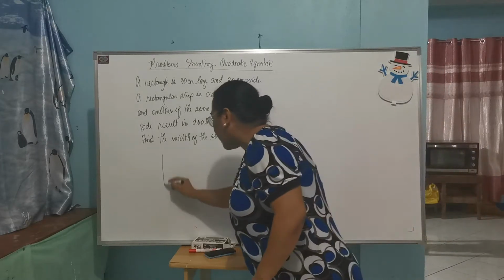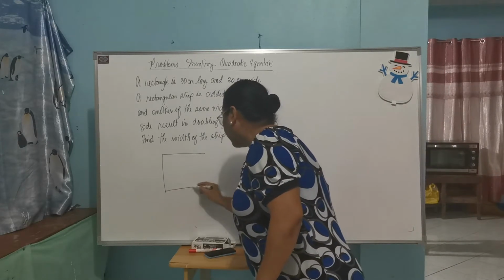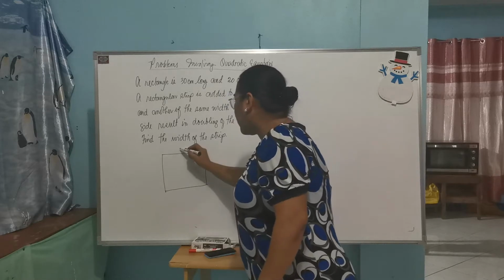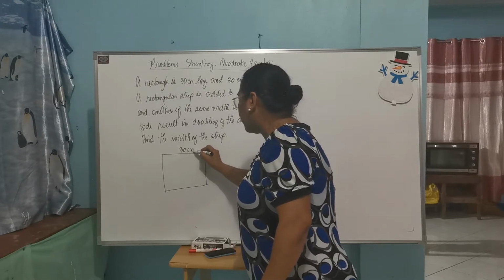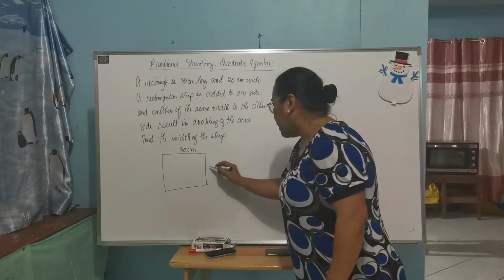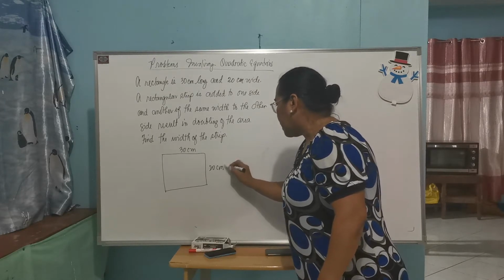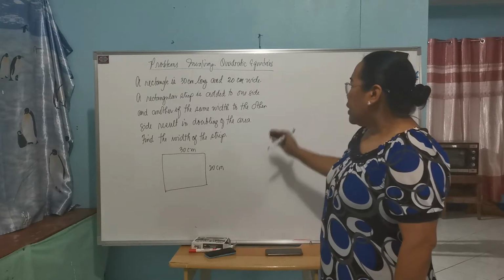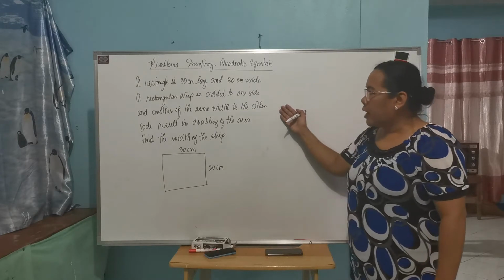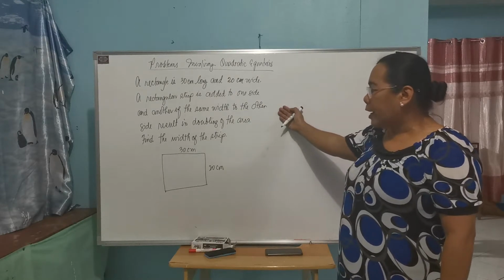Okay, so we have a rectangle whose length is 30 centimeters and whose width is 20 centimeters. It is also mentioned here that there is a strip that is added to one side.